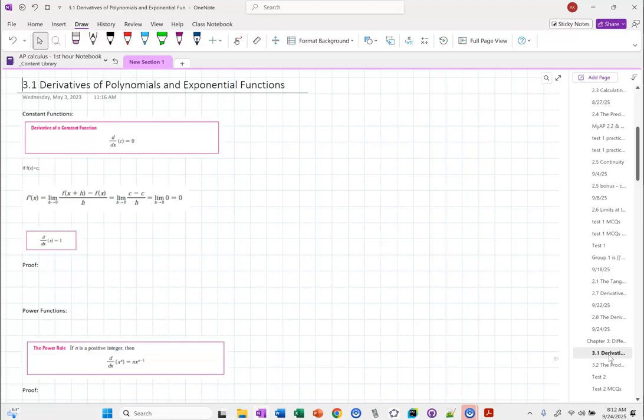So it's going to be a function in terms of that, so I think it's f of x plus h. Yeah, good call.